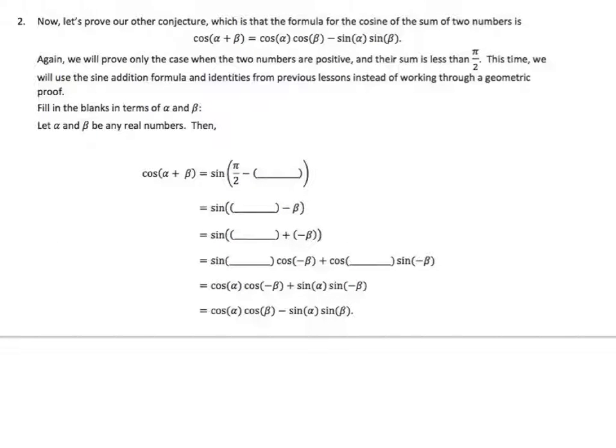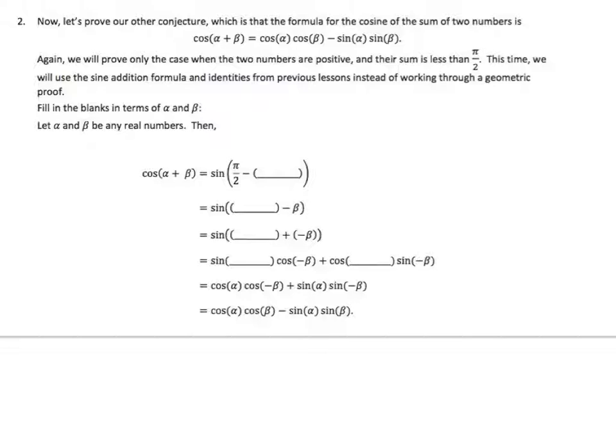Now let's prove our other conjecture, cosine alpha plus beta. Again, we're only going to prove between 0 and 90 degrees. This time we'll use the sine addition formula and identities from previous lessons instead of working through a geometric proof. Let's fill in the blanks for alpha and beta. Let alpha and beta be any real numbers.